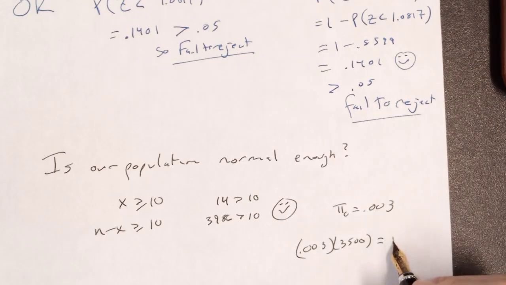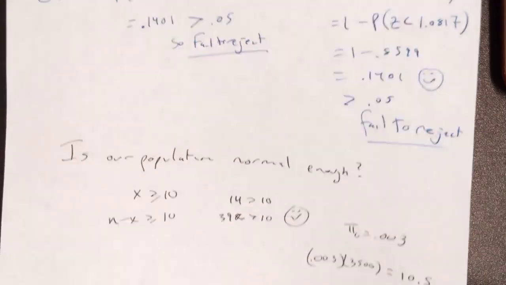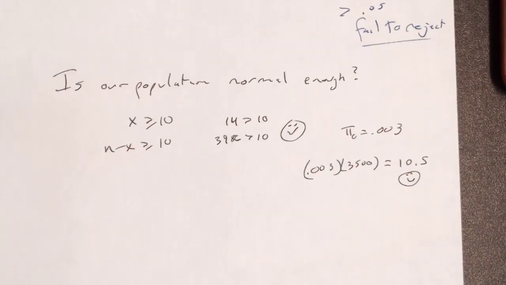Which is bigger than 10, even if it is just barely bigger than 10. So my normality assumptions are acceptable in this case. I would expect, if my benchmark were true, to have more than 10 successes and more than 10 failures.